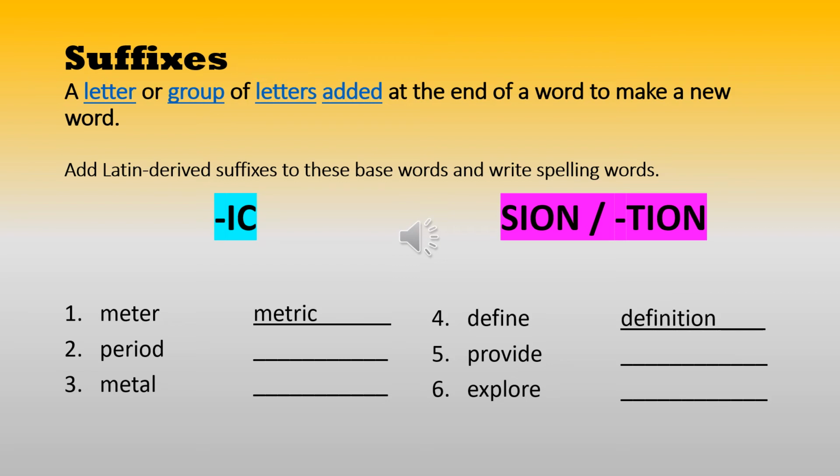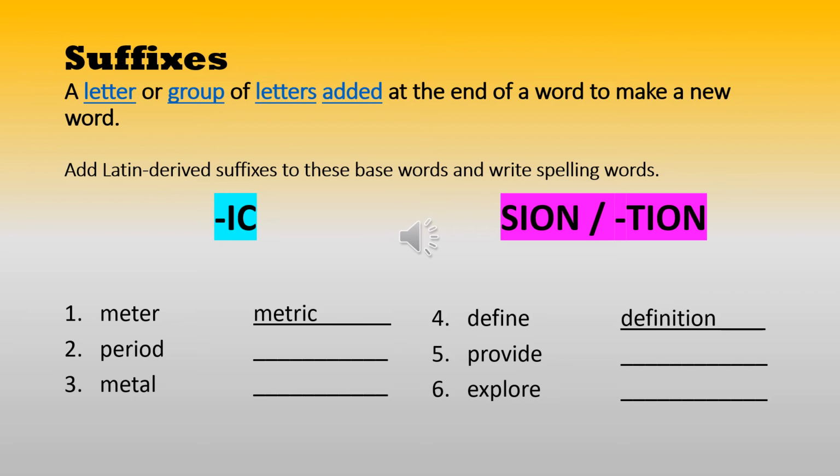Like I said before, it can be a syllable, can be 2, 3, 4 letters that are added to a word, and then you're going to have a new word.